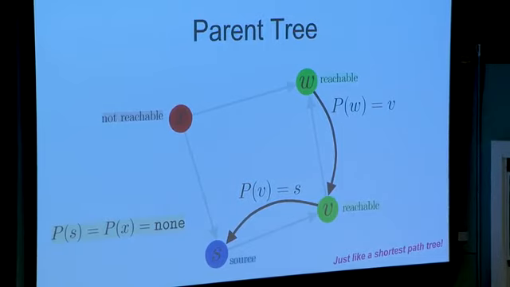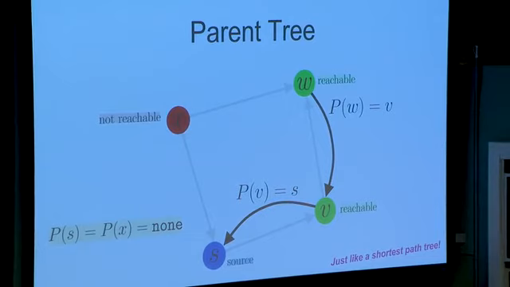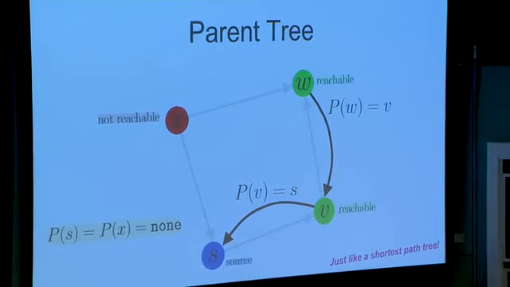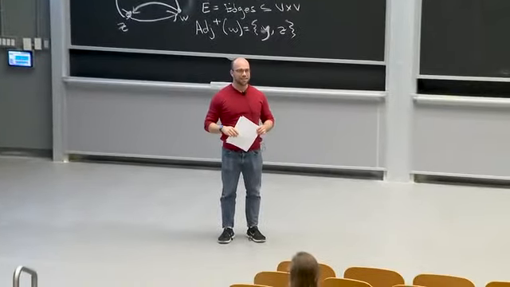And just like last time, if I want to get an actual path from the source to W, I could start with W and then keep following those parent relationships until I get back to the source. Then if I flip the order of that list of vertices, I get a valid path from the source to the target.